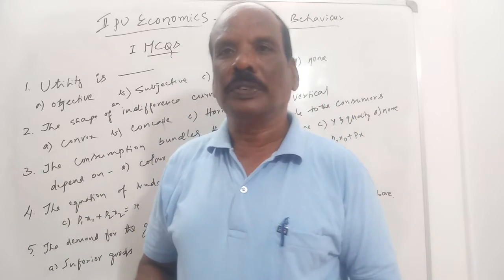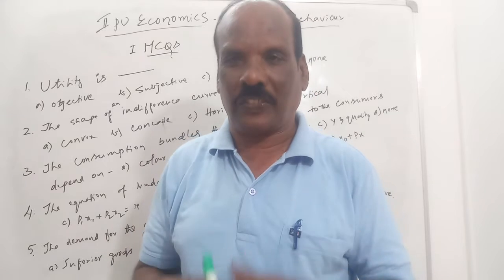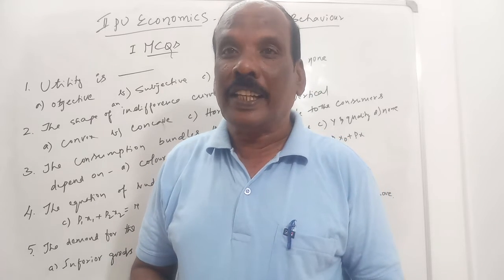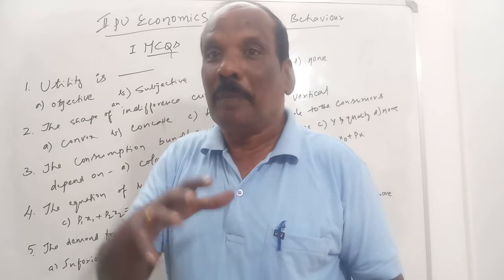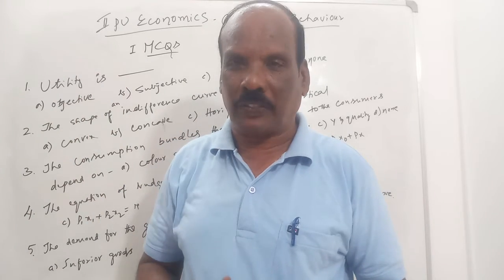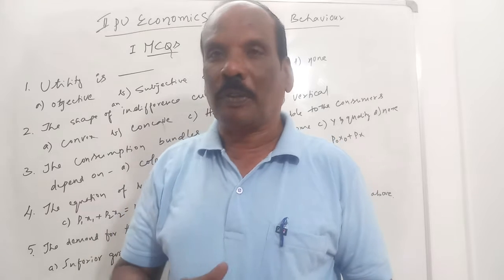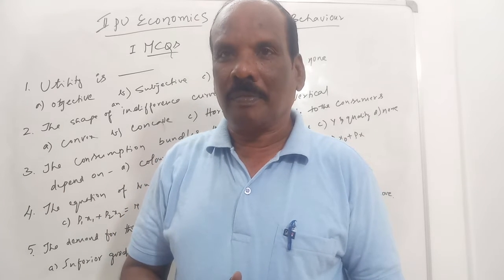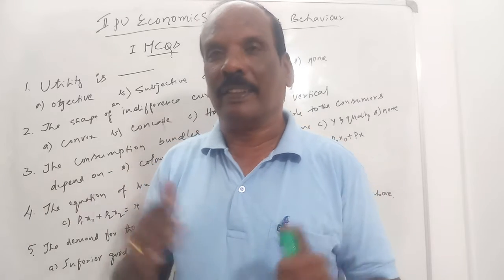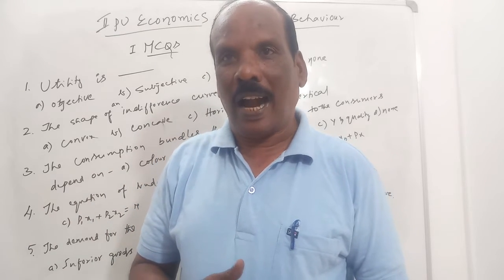What you have to select? Which is the best answer? Utility is only a state of mind. It depends on the mind of a person. It differs from person to person. It refers to the mind of the consumer, and that is called subjective.